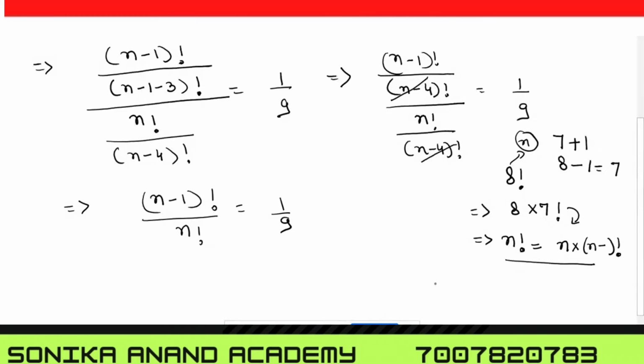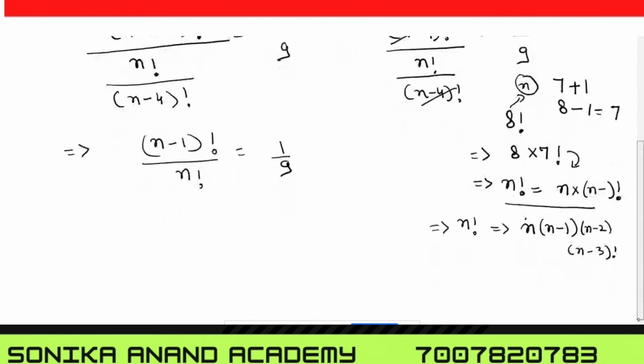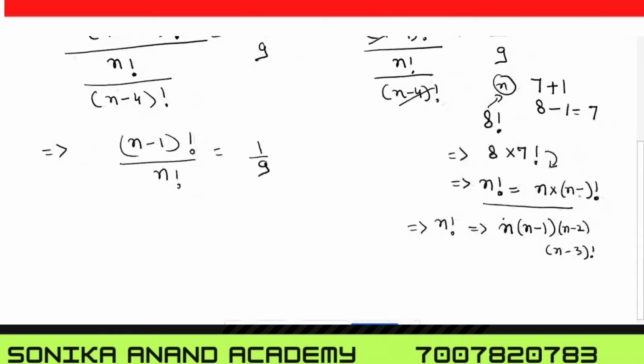If I have n factorial, I can elaborate it as n, then n minus 1, then n minus 2, then n minus 3, in this way. So I write n minus 1 factorial as it is, but I split n factorial as n into n minus 1 factorial.